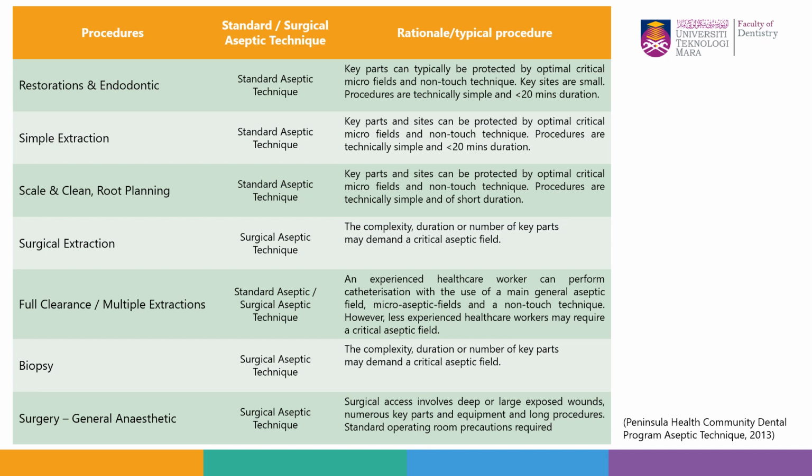Okay, so this is non-surgical technique. But for surgical extraction, full clearance or multiple extractions, biopsy, surgery, everything else needs to use surgical aseptic technique because those are surgical based, and furthermore they possess more risk of infection and they involve bleeding. Okay.